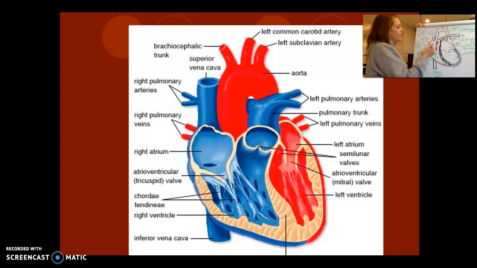So here's our next one. Over here's our lungs, but as it comes back, it is coming in through the pulmonary veins because it's going back to the heart. And then once it collects inside of this region, okay, it then comes down to the left ventricle.